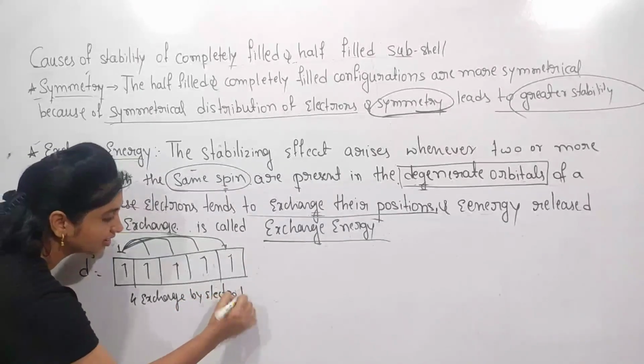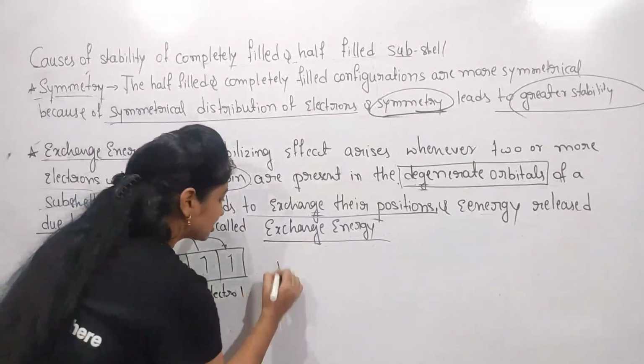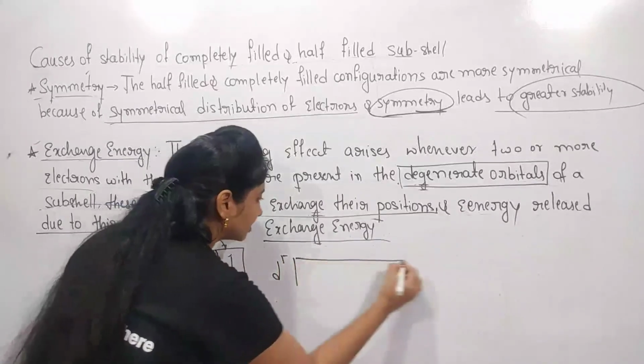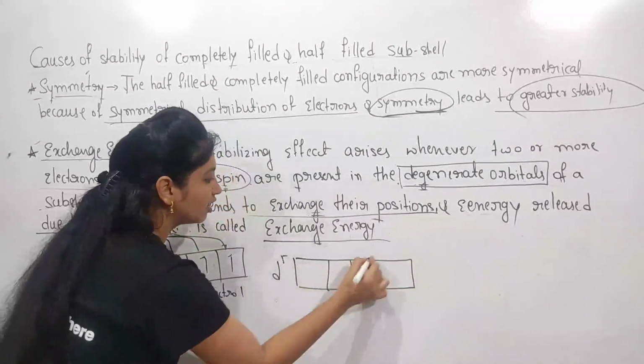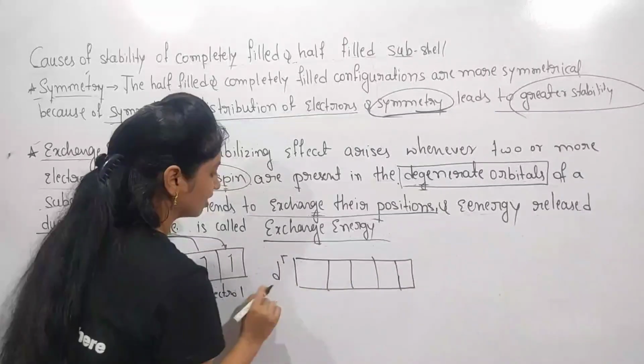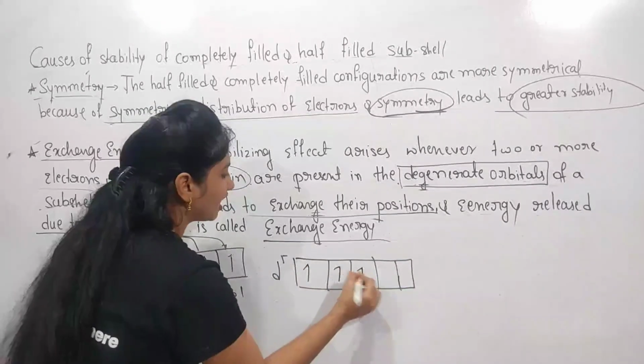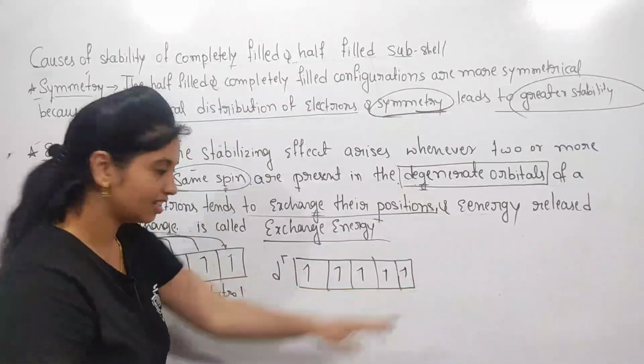And let's see here, these are again 5 d orbitals. We have 5 electrons with the same spin.